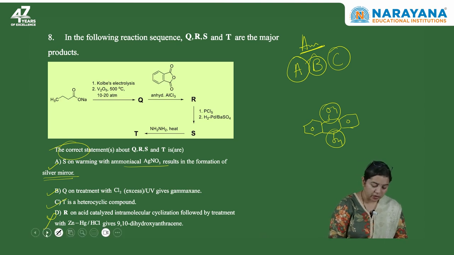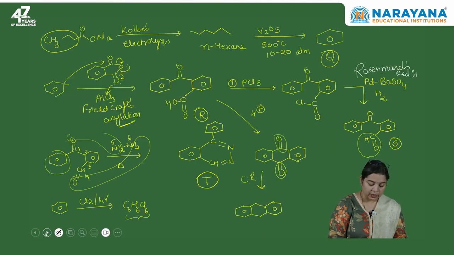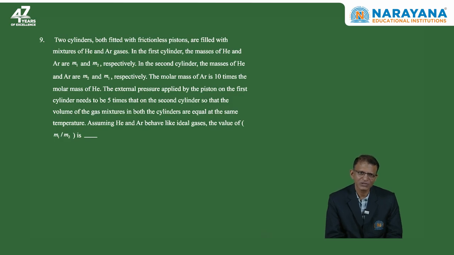Now we are moving to the numerical value questions. This is a question from gaseous state. Two cylinders, both fitted with frictionless piston, are filled with a mixture of helium and argon gases. In the first cylinder, the masses of helium and argon are m1 and m2 respectively. In the second cylinder, the masses of helium and argon are m2 and m1 respectively.